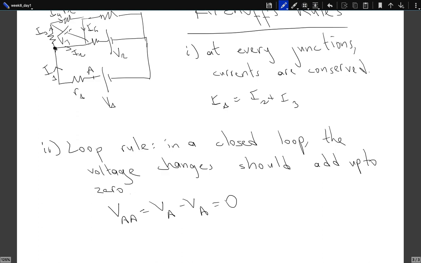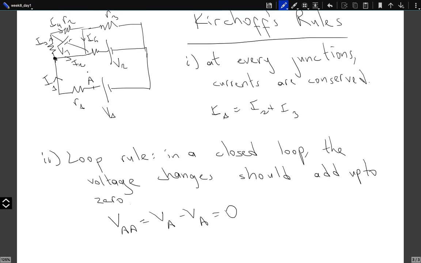Let's say, if I choose my point A to be this point, we said that the potential difference between 2 points should always be the same independent of your path. One of the questions in the midterm. So the potential difference of point A from point A should be 0.